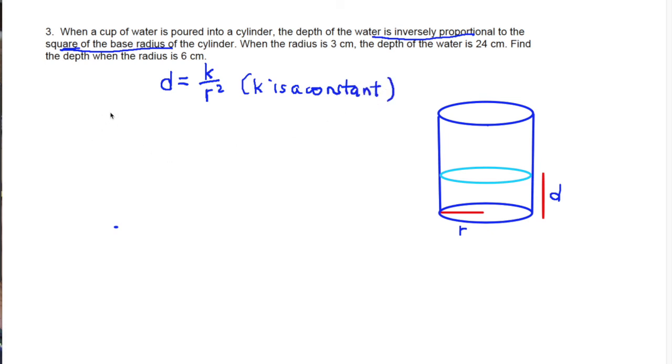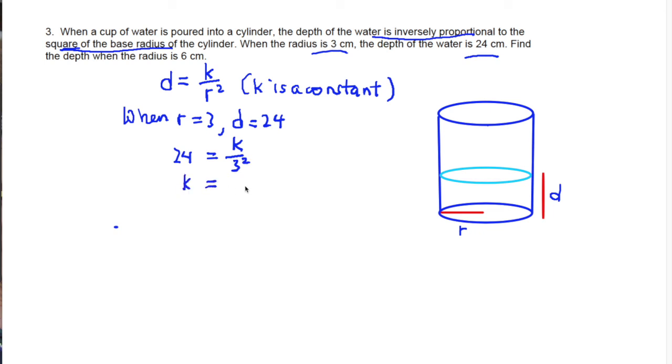The next thing to do now is to find K. There are values given for you to find K. Therefore, when the radius is 3, the depth of the water is 24. Substituting into the equation, we get 24 equals K over 3 square.